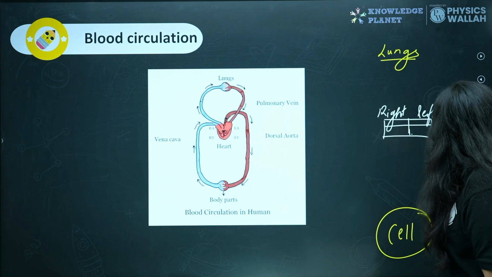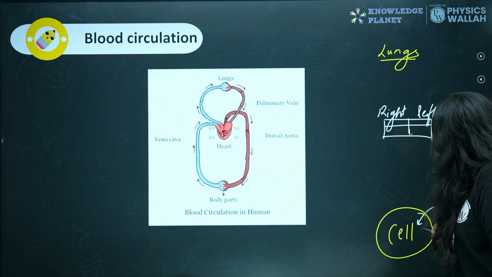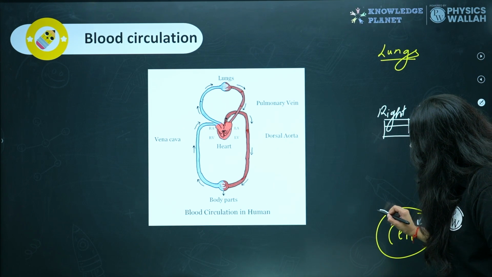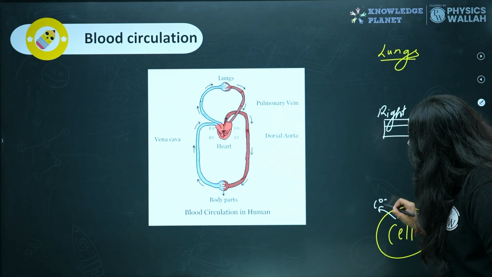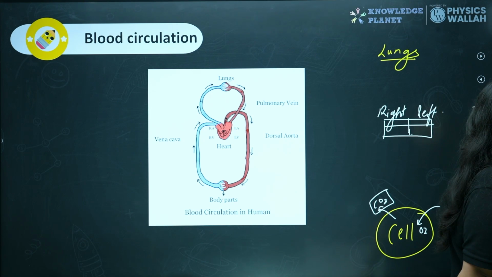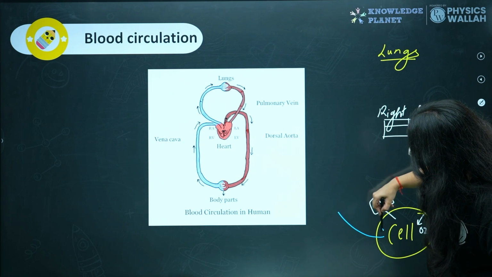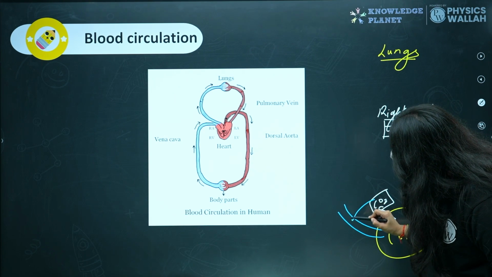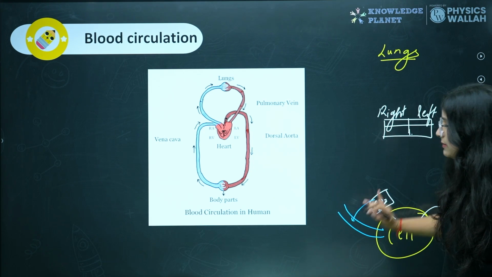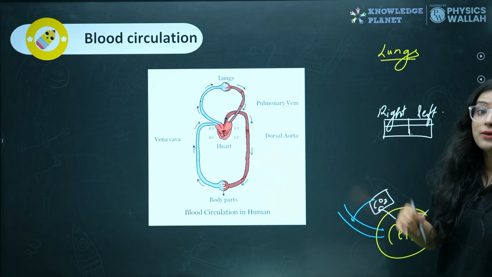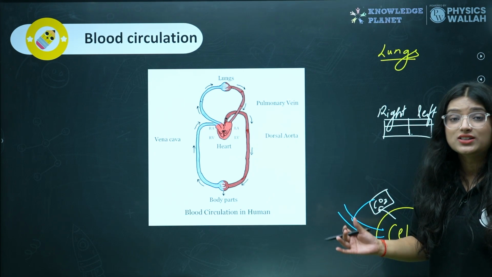Here, the cell received oxygen and released carbon dioxide, the waste material. Now, this waste material is secreted into a blood vessel. This blood vessel which gets the carbon dioxide carries deoxygenated blood.